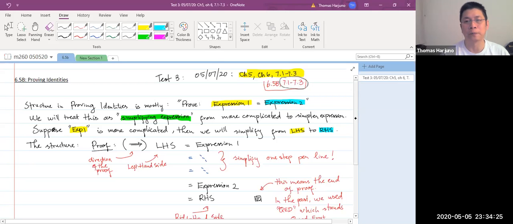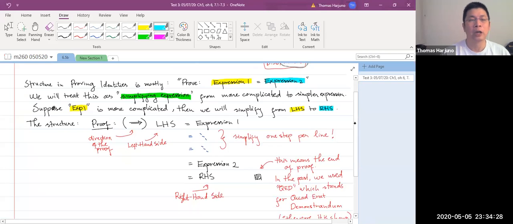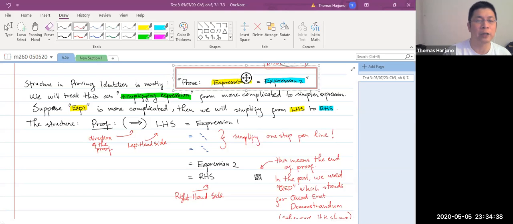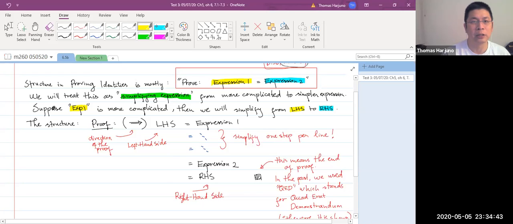Now, structure. When I ask you to prove this identity, suppose we prove from left-hand side to right-hand side, then your first line should look like this. Your first line is the proof, and then the direction of the proof.